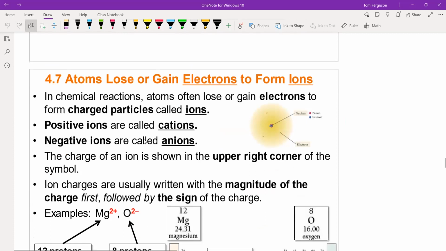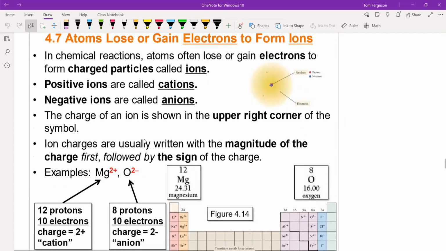Okay. Now, atoms can lose or gain electrons. Why do you think they lose or gain electrons? To become stable. Stability, exactly. Become more stable. Otherwise, why do it, right? Again, stability rules the game. Every unit in this class, I'm going to talk about stability.